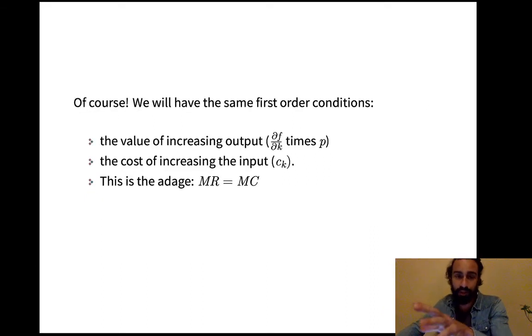Of course, nonetheless, we're still going to have the same first order conditions. The ratio of things is about the same as it was before, and the interpretation is about the same. On one side, we have the marginal revenue, which is just the marginal productivity of your inputs times P, because you're no longer worrying about production, you're worrying about the price times the output.